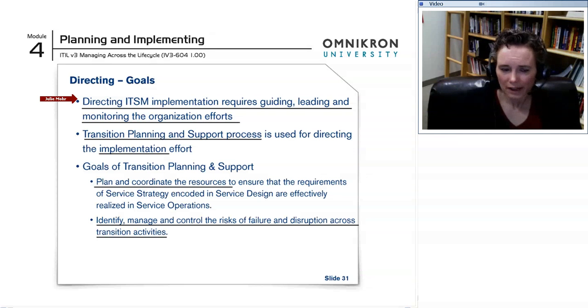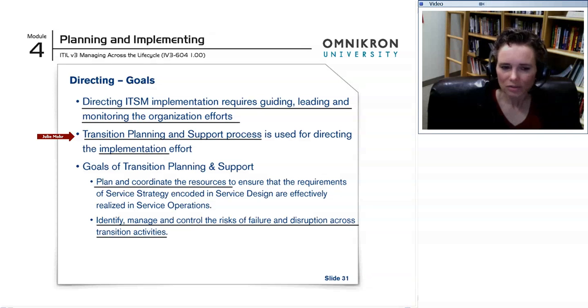Now, having said that, most of what we look at for the success of bringing a service into the live environment really puts our attention on the transition planning and support process, which is why I put the picture up at the very beginning of a site foreman orchestrating this very complex thing that we do in building a house.